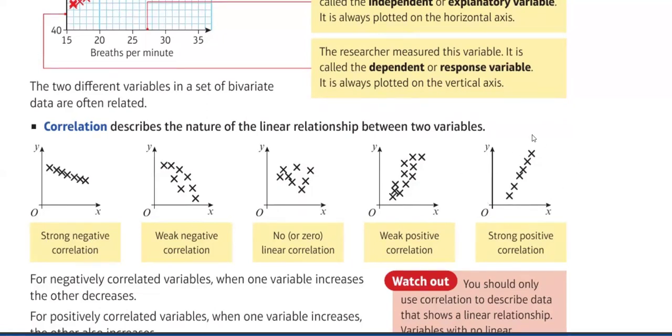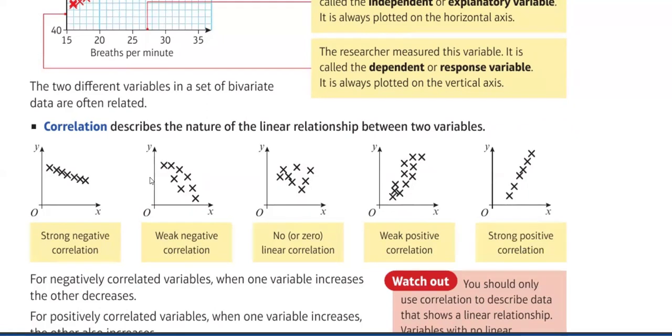Also, the final graph: y values increase with x values clearly. Therefore, we can say strong positive correlation. Correlation means the relationship between y and x.